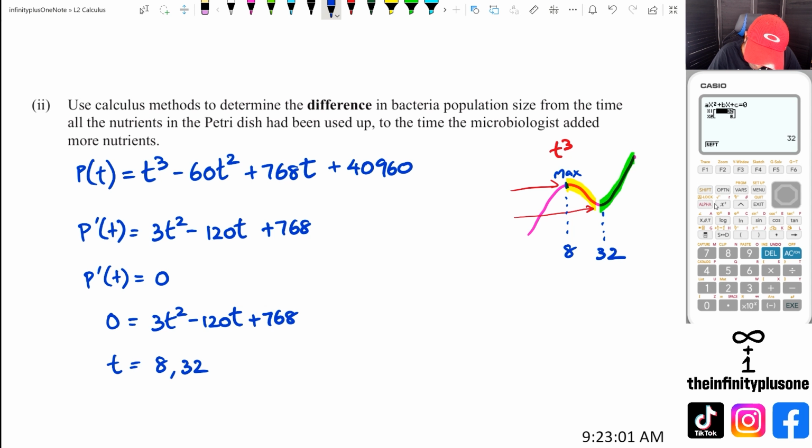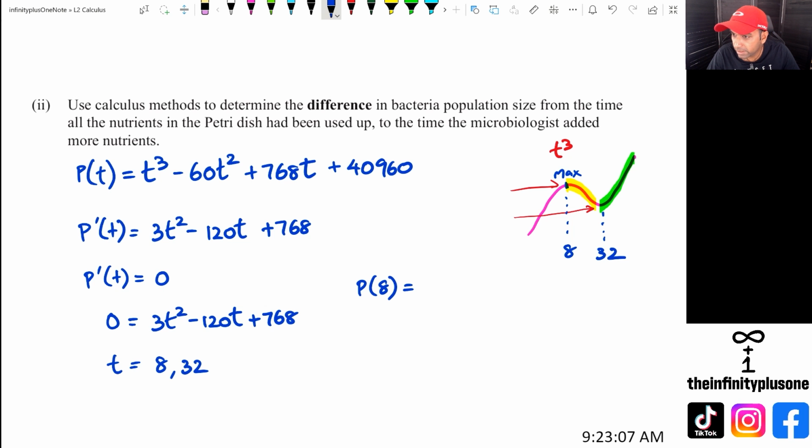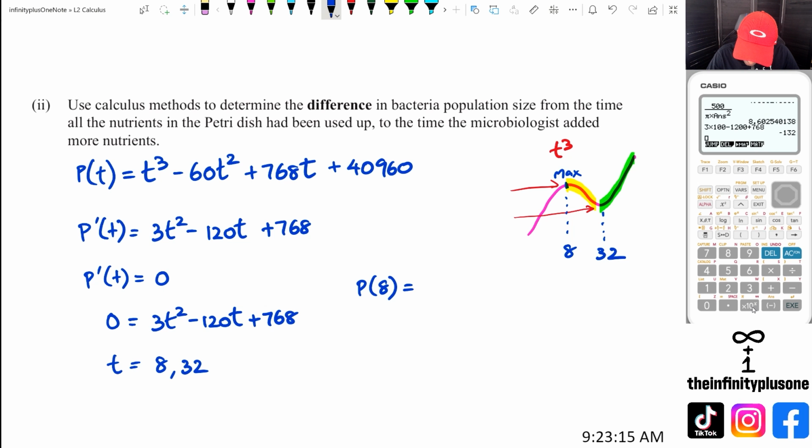So I'm going to go to population of 8 first. So to do that, in my calculator, 8 to the power of 3 minus 60 times 8 times 8. Just realized what I did. Minus 60 times 8 times 8 plus 768 times 8 plus 4960.